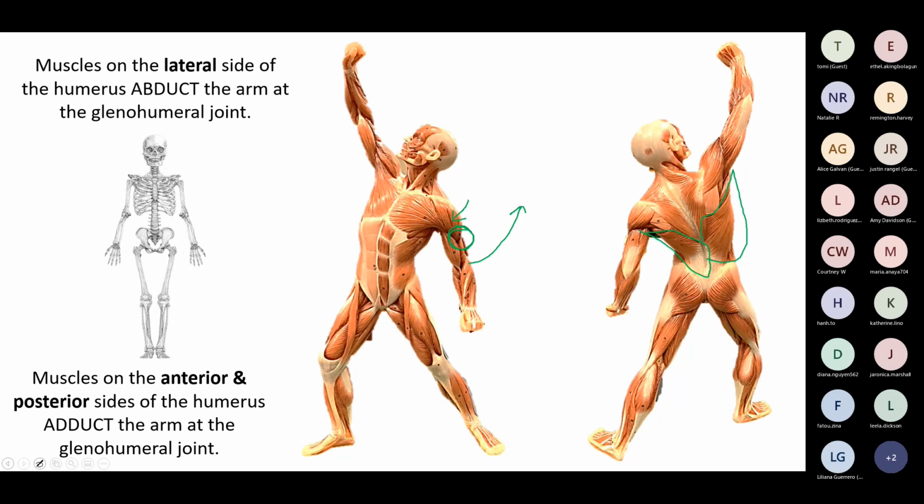Okay, so if we are making predictions on trapezius, I have an old lab manual that is here at home with me. But if we do ask you to make predictions about trapezius, let's use our rules that we've talked about. Trapezius is on the back side of the body. So we're going to pull trapezius backwards, which means we're going to pull the humerus backwards, which means we are extending.